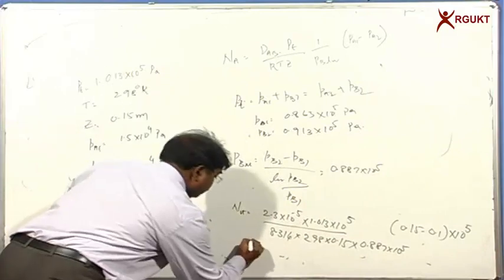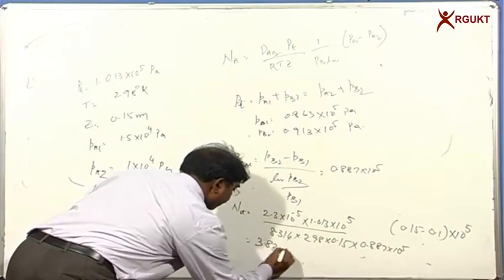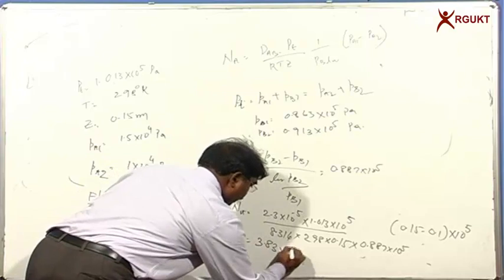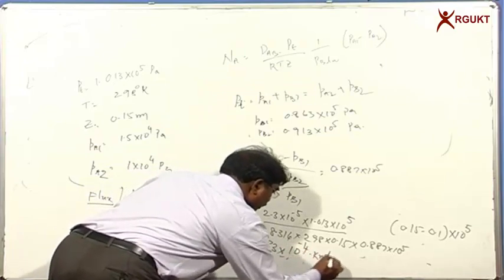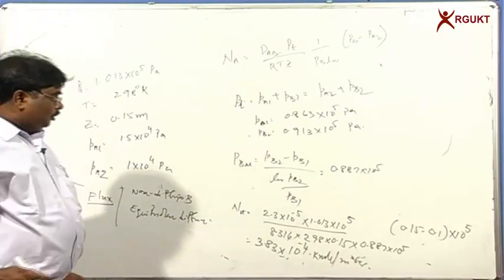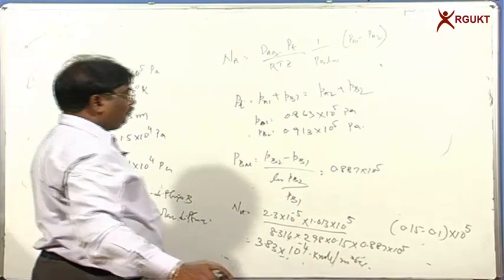That is going to become 3.383 into 10 power minus 4 kilomole per second. So this is for the non-diffusing B case.